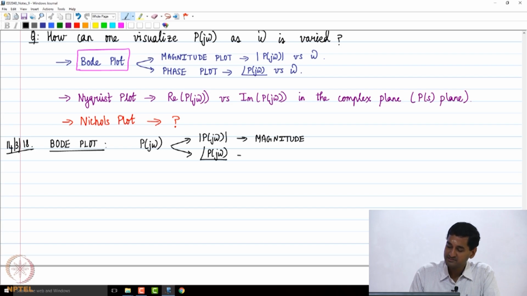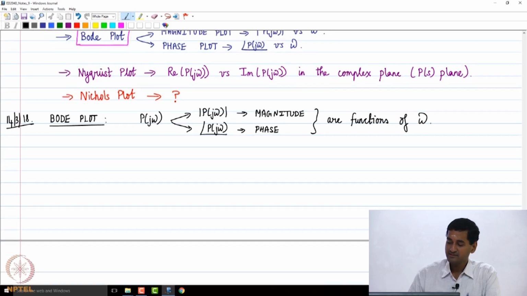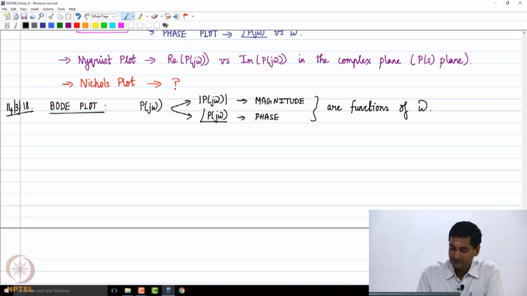Please note that both the magnitude and phase are functions of omega. Then in the Bode plot, there are two plots. The first one is called a magnitude plot.